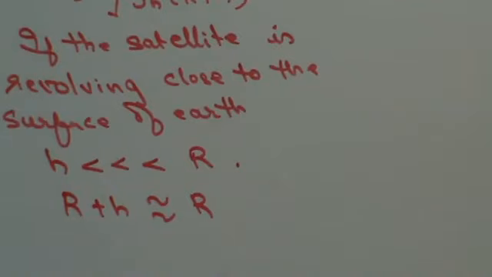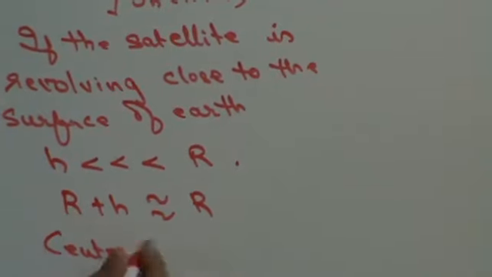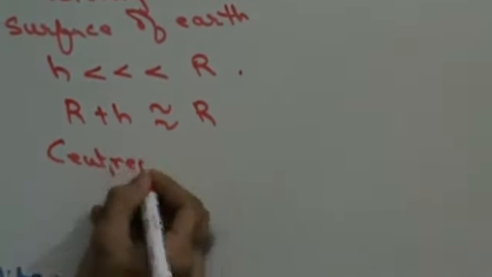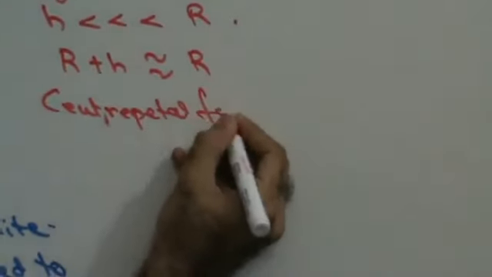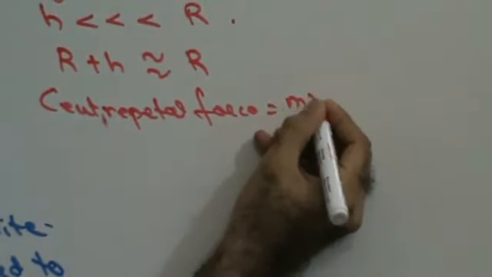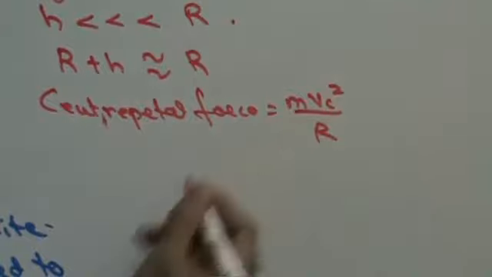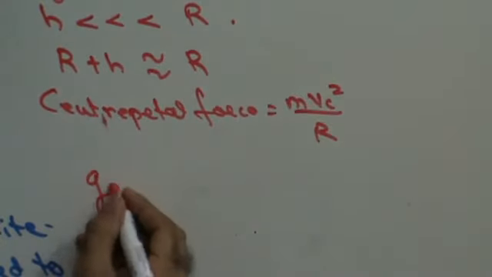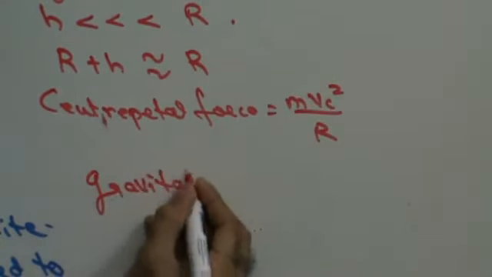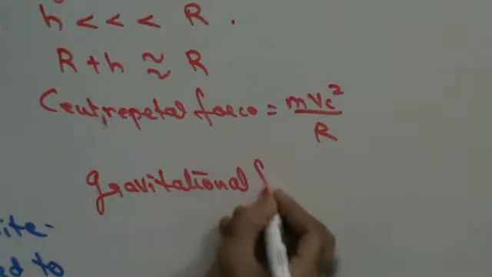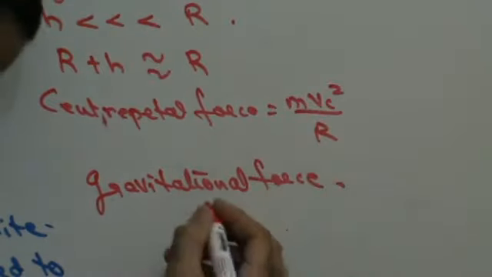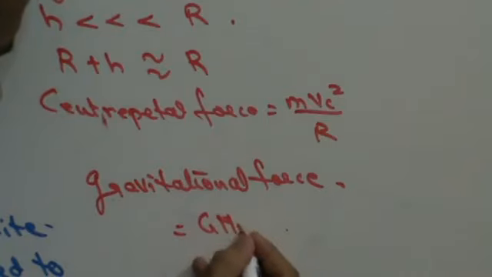Therefore my centripetal force will be nothing but mVc square by r, and my gravitational force is going to be GMm upon r square.